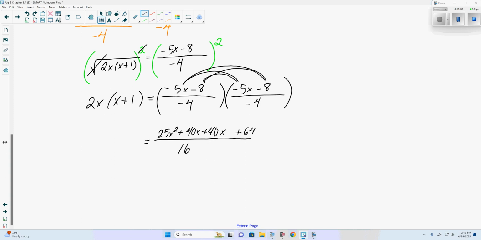And lastly, -8 times -8 is plus 64. And if you're wondering about the negative, why it completely vanished, well, -5x, -8, and -4, that negative would turn everything positive technically.